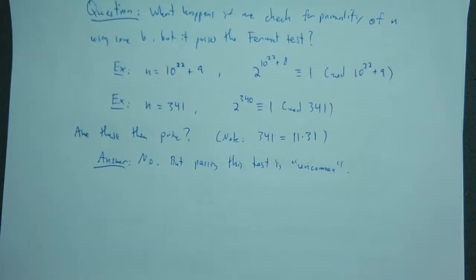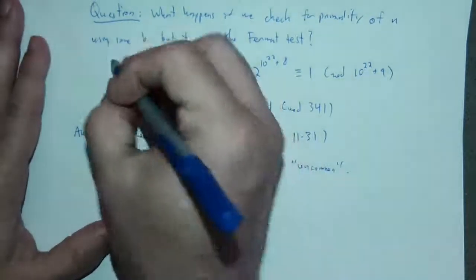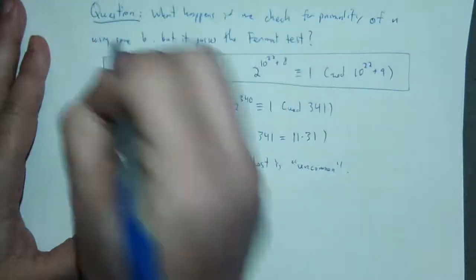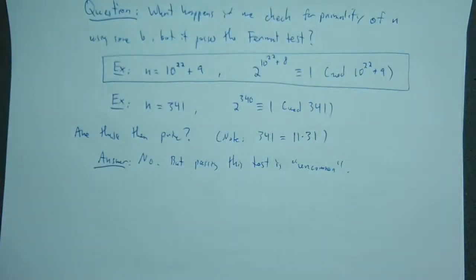And so, if you have a number that passes the Fermat test for a few of them, that is going to strongly indicate that that number is probably prime. But in order to actually say that it's prime, we're going to need a little bit more. So, for instance, as I mentioned, this actually is prime, but the Fermat test is not going to be enough to get the job done. It's just going to give us evidence that the thing is probably prime.